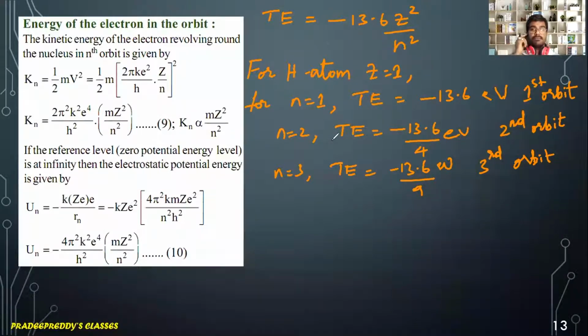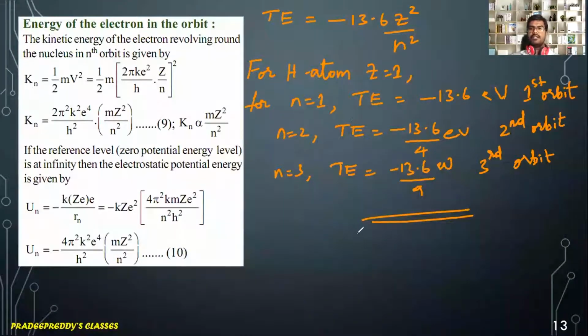But in case of removing an electron from the orbit closer to the nucleus, as it is bound with an energy of 13.6 electron volt, you need to provide that much energy to knock the electron out of that orbit. So this is one important conclusion.